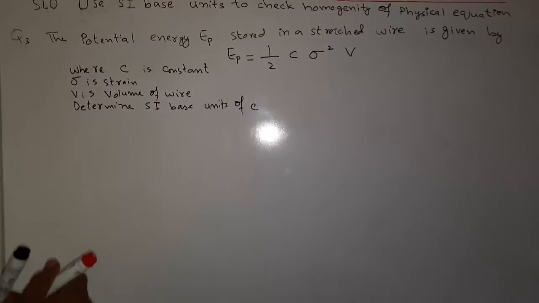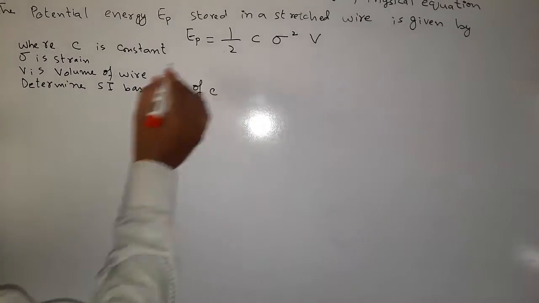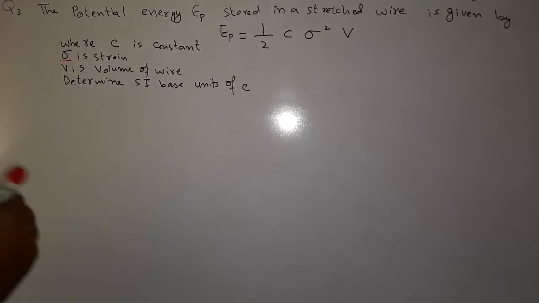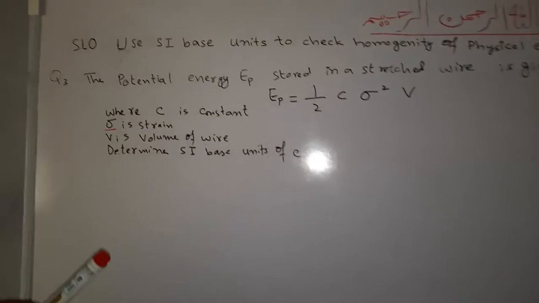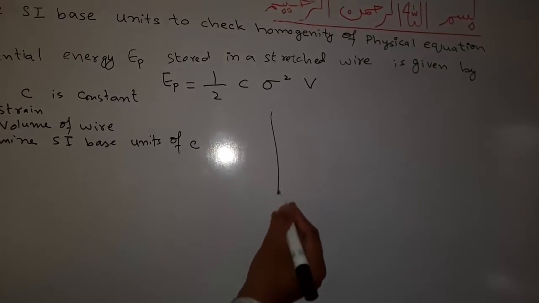In the third question, we don't have to prove that C is unitless. So how will we do it? That is much easier. Keep in mind, we have strain as sigma. We all know that strain means a relative change of deformation.